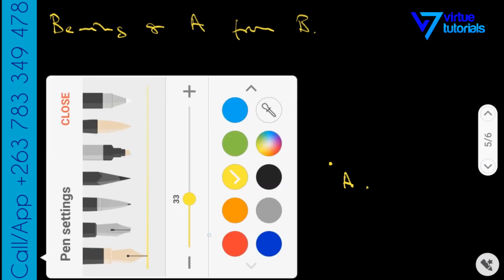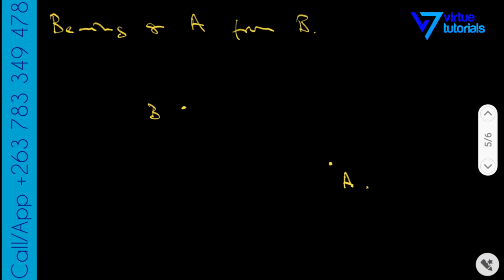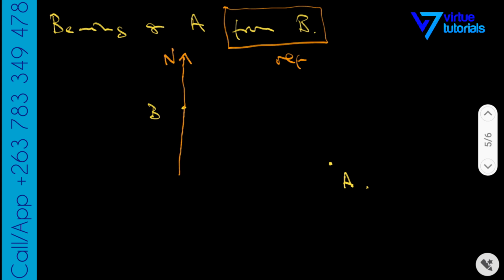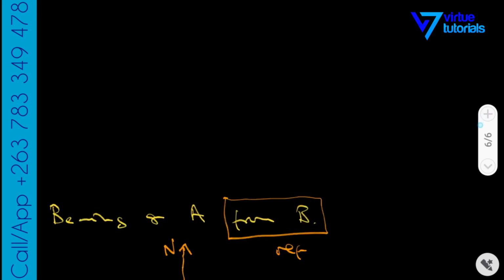Our reference point is where you are measuring from. You're finding the bearing of A from B, so B is our reference. At B, we need a line going through that point that points directly towards the north. The first thing, we must identify our north line at B.